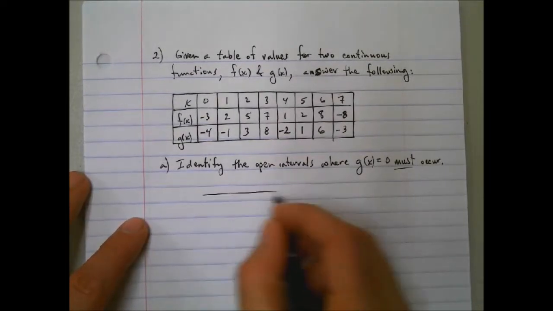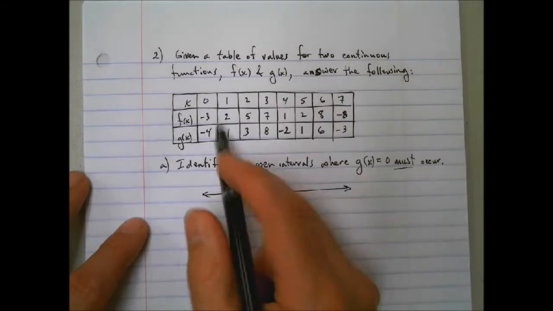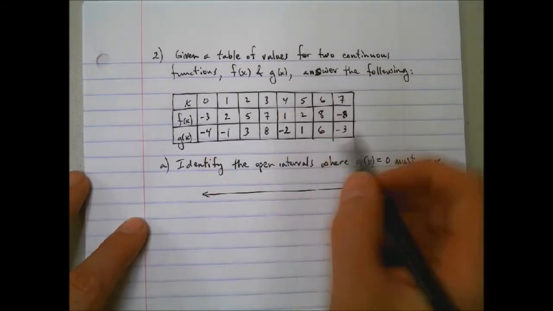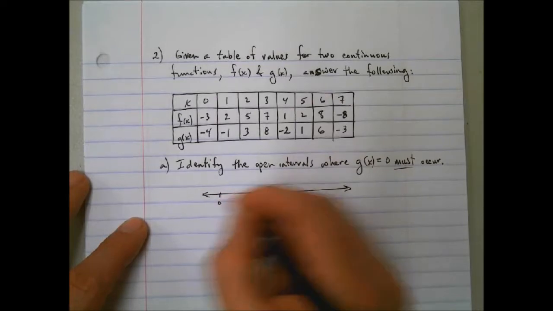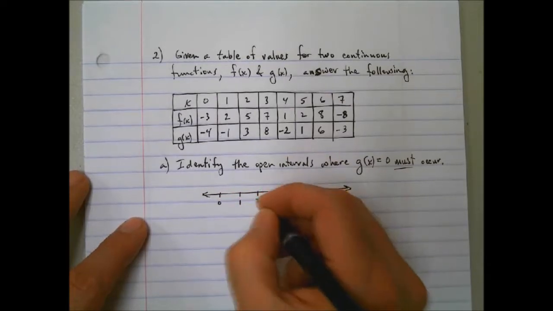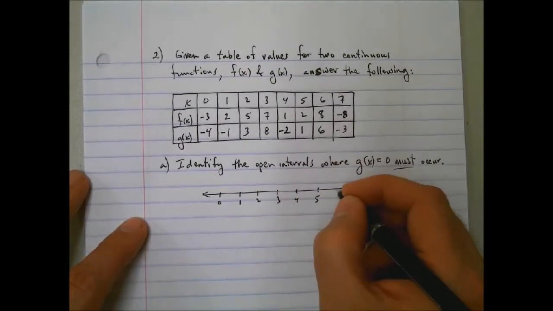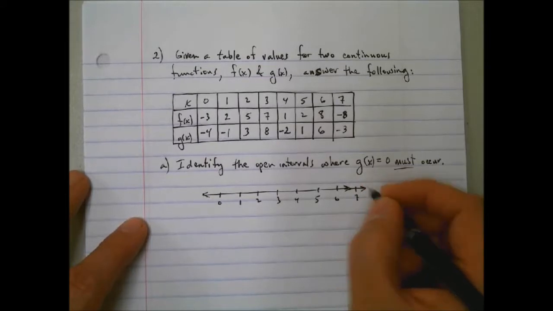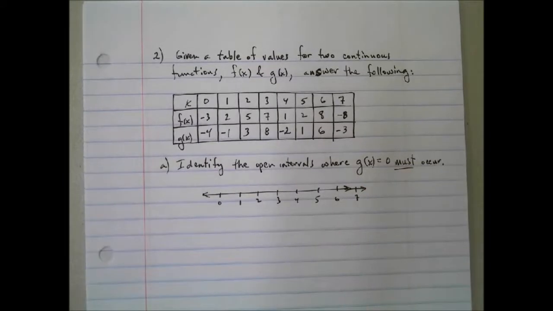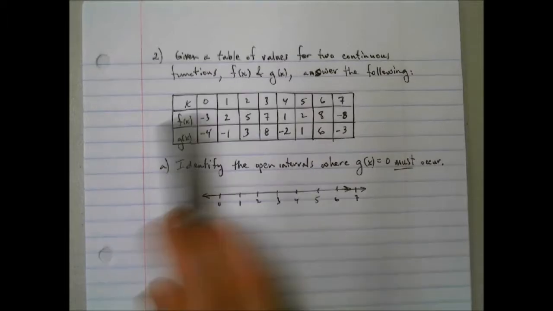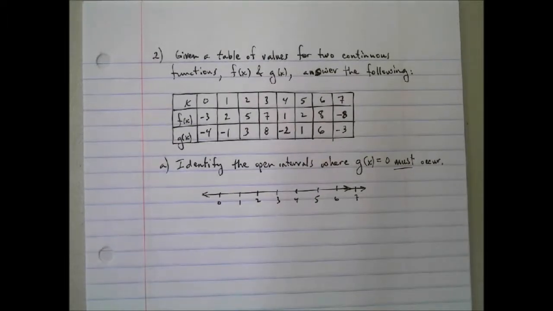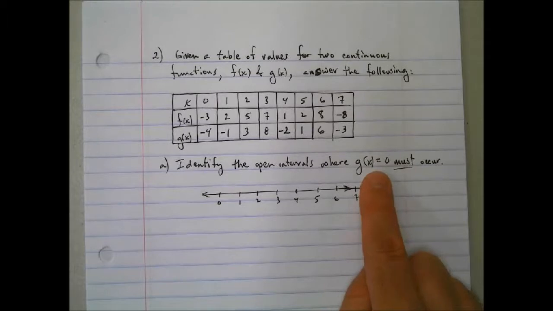And if we do a number line and we want all these different points, 0, 1, 2, 3, 4, 5, 6, and I need a little bit more, 7. Okay. So we're going to check out the function g along the way. Now realize g of x equals 0, isn't that the x-axis? Elevation 0, x-axis, y equals 0.